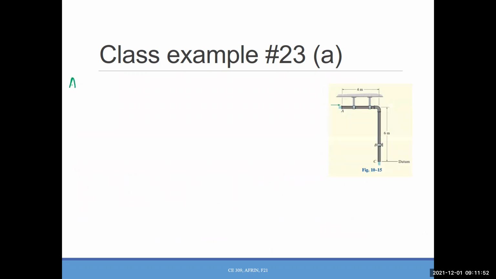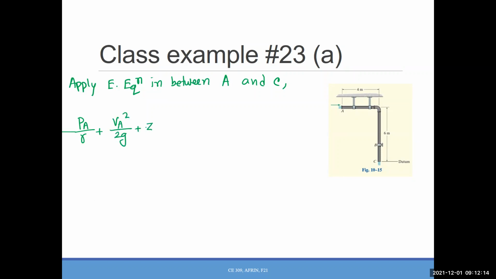Apply the energy equation in between A and C. So P_A over gamma, pump, turbine, should be C.